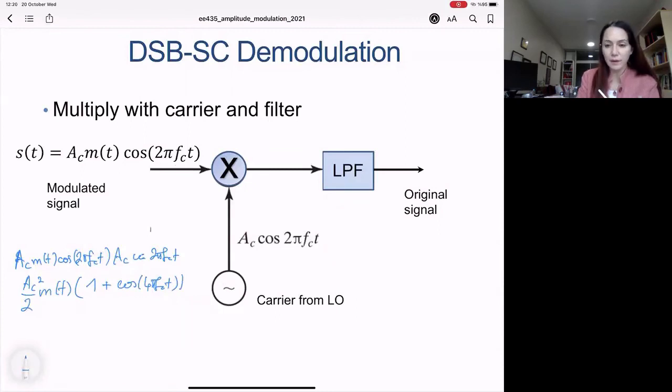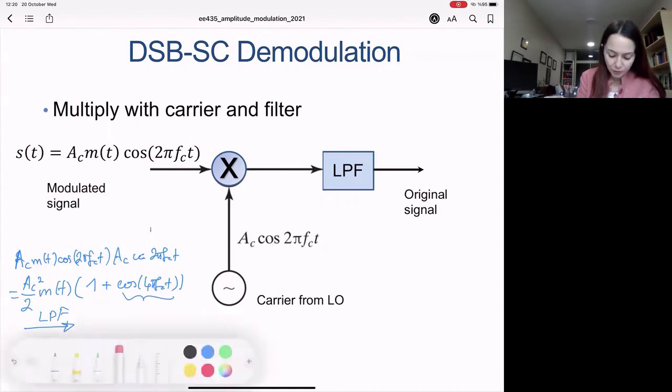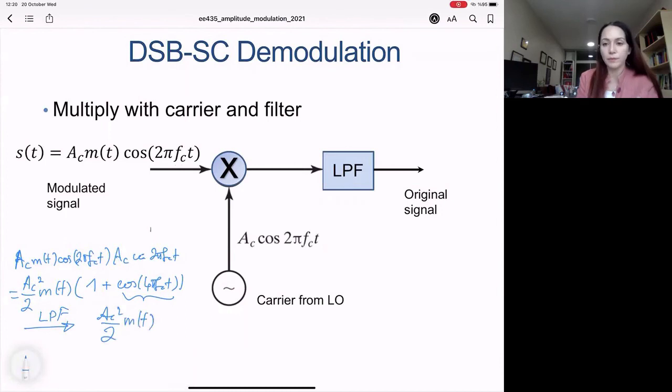So that's what we have as a result of the mixer. Now pass this through the low pass filter. As you see, this is a very high frequency signal. It's not going to go through the low pass filter. So after the low pass filter, we're going to have AC squared over 2 M of T. Cool. So the demodulation works.